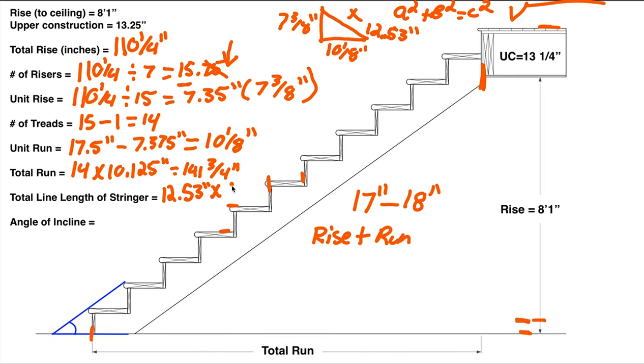So times 15, and I'm going to run out of space here, guys, so I'll just write the answer over here. Equals stringer. So our total length of our stringer, and I didn't pre-calculate this, so give me a second, 12.53 times 15, 187.95. 187.95 inches. Okay, I'm going to divide that by 12.